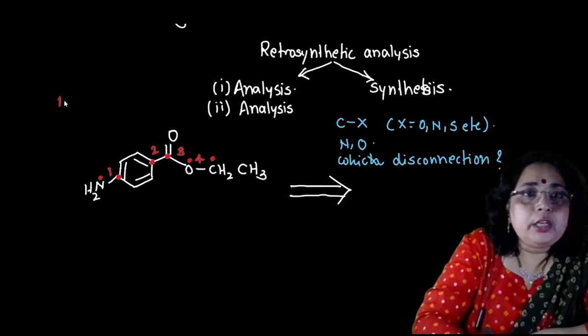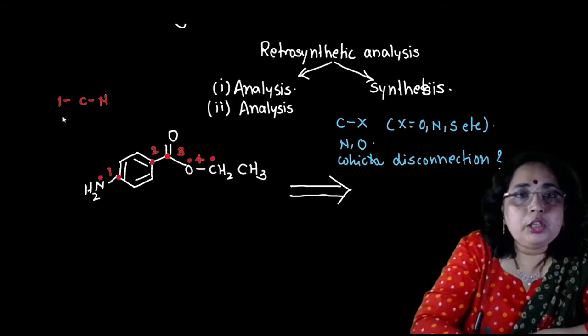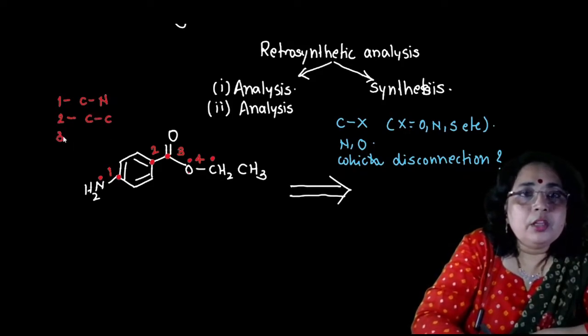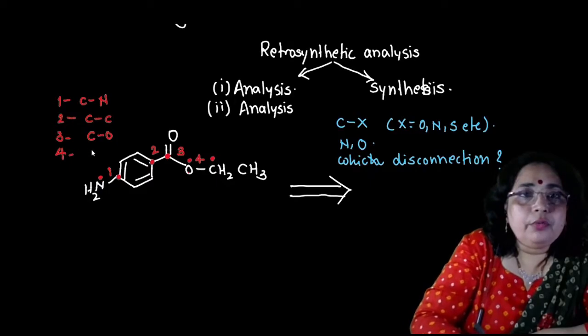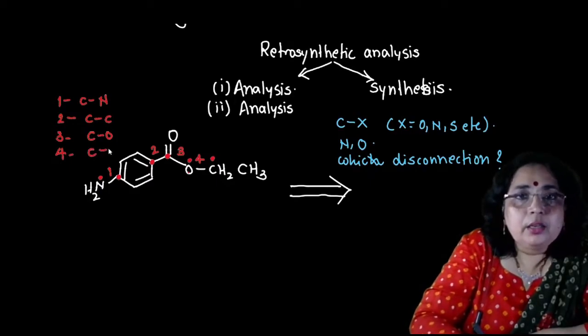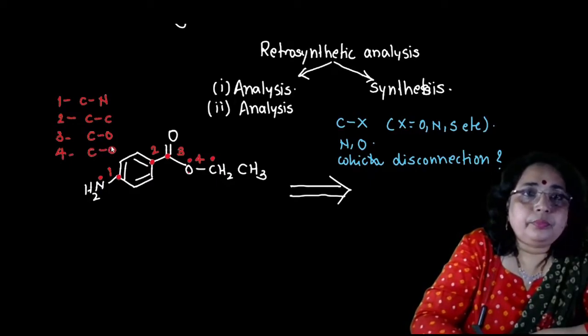So at the first center, which type of disconnection can you see? There is a C-N disconnection. In the second, there will be a C-C disconnection. In the third, there will be a C-O disconnection, and in the fourth, there will be again a C-O disconnection.